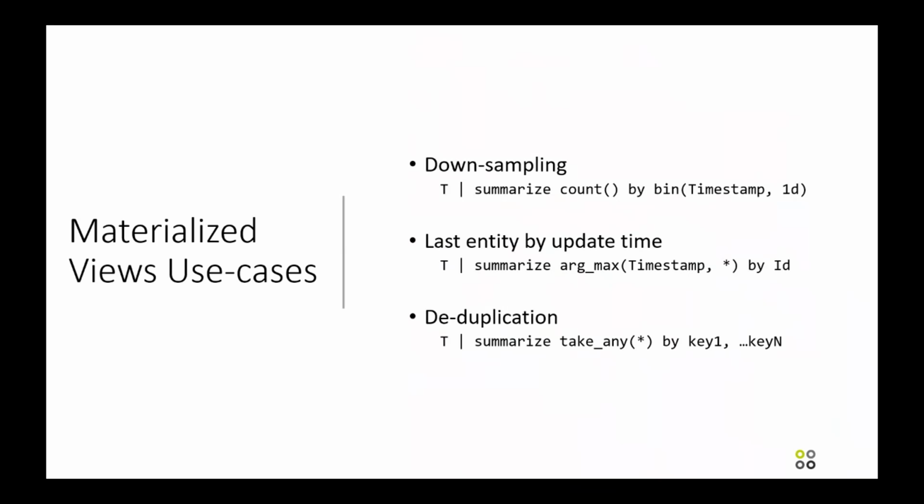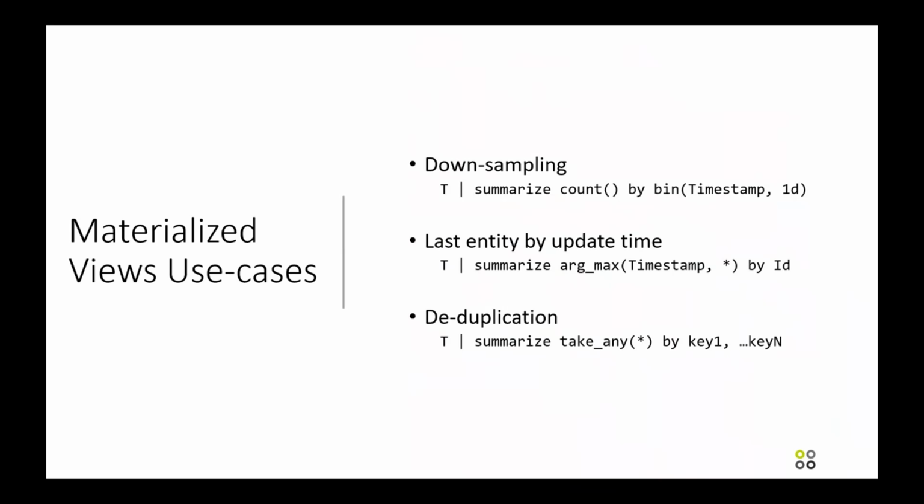In Kusto, we have a really nice function in the summarize operator called arg_max. It allows us to easily get the last record by any aggregation group. It can be by the vehicle ID, by the metric, by whatever else you care about. And you don't want to do that when the user is looking at the dashboard. You want to do that in the background.